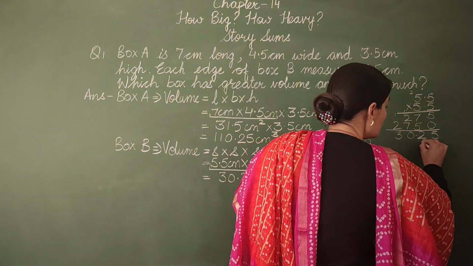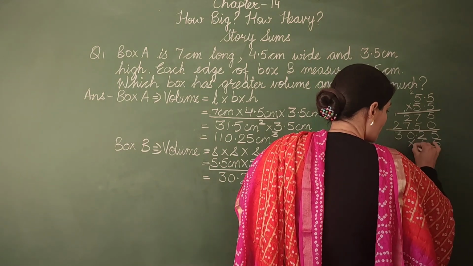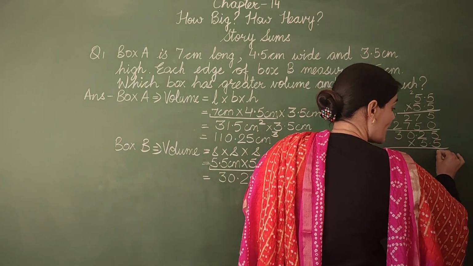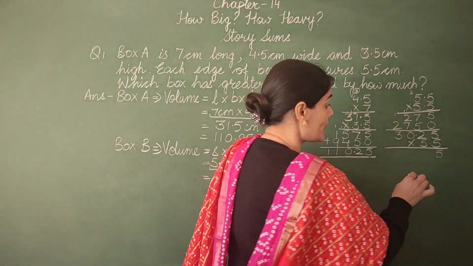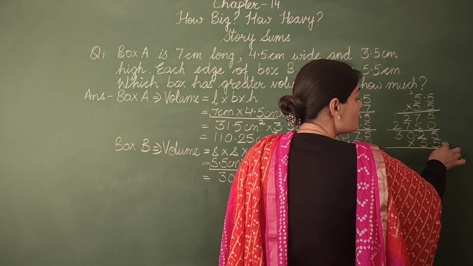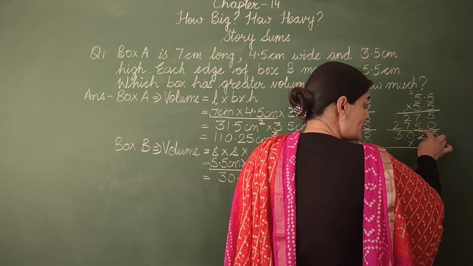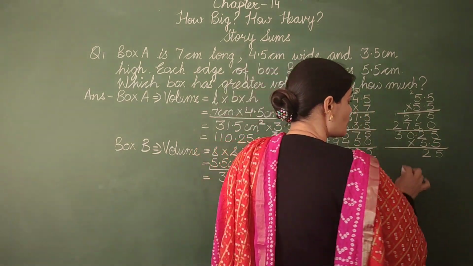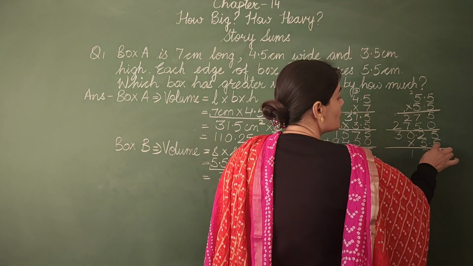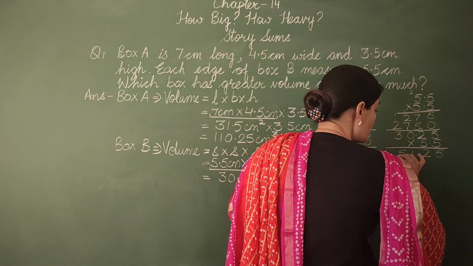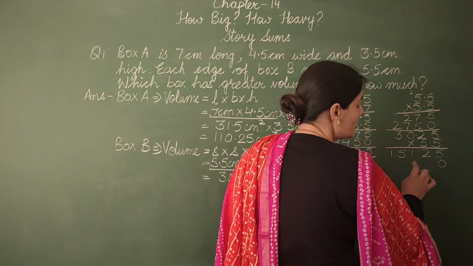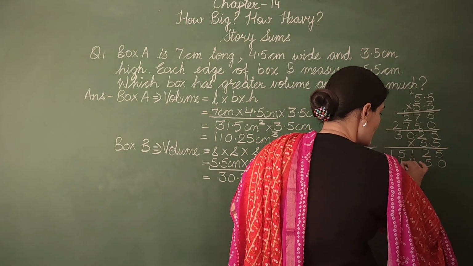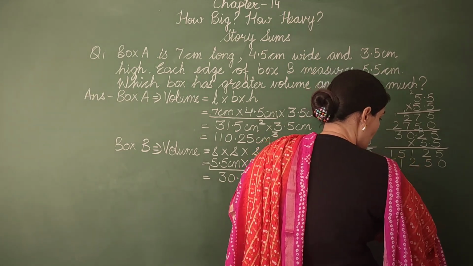Now this needs to be multiplied by 5.5 centimeter. So I write here 5.5. Let's begin with the multiplication again. 5 times 5 is 25. 5 I write and 2 I carry. 5 times 2 is 10. 10 plus 2 is 12. 1 I carry. 5 times 0 is 0 plus 1 is 1. 5 times 3 is 15. I put a 0 and we are going to get the same product again. So I write here 5, here 2, here 1, here 5 and 1.